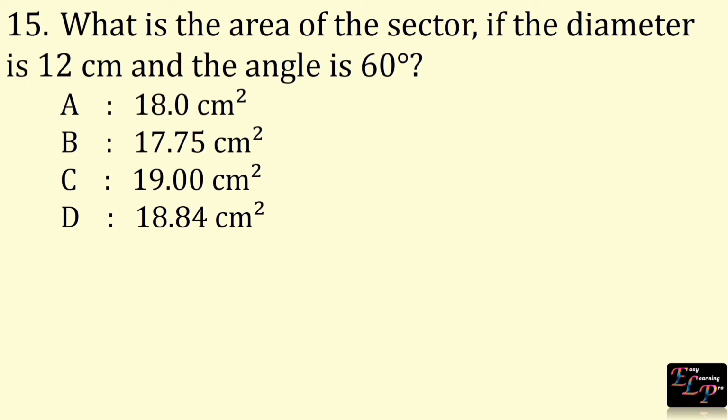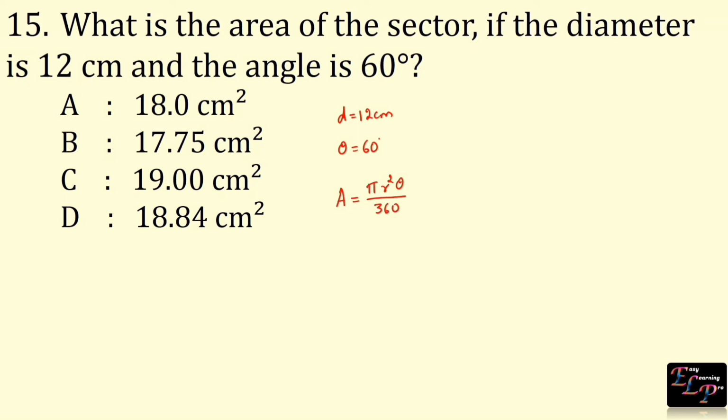What is the area of the sector if the diameter is 12 centimeter and the angle is 60 degree? Given diameter as 12 centimeter and angle theta as 60 degree. Area is given by pi r square theta divided by 360.